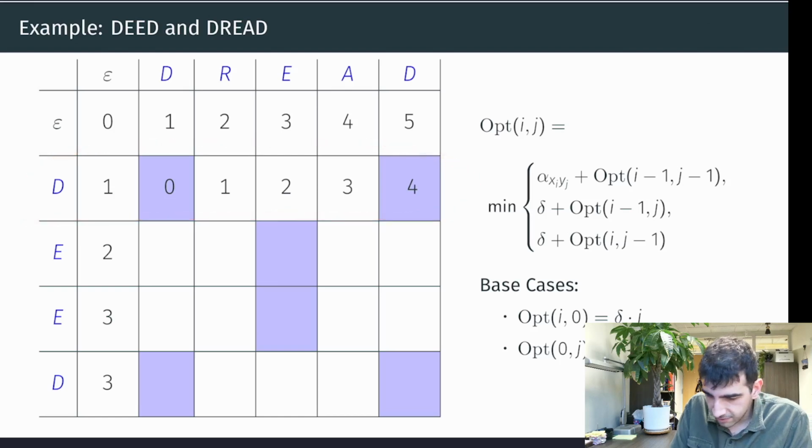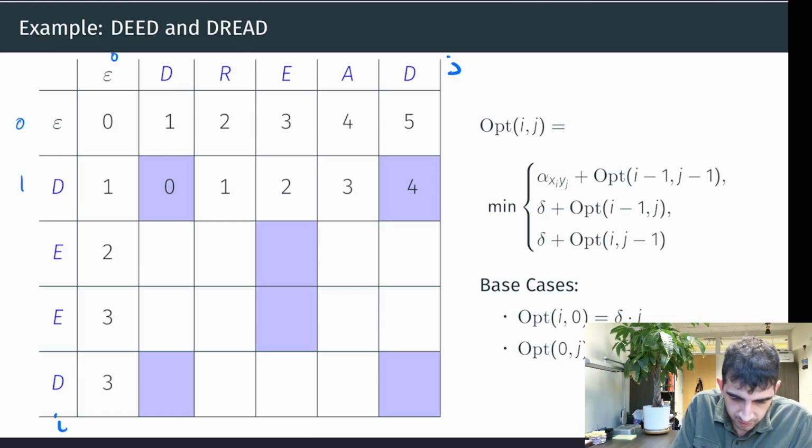So for instance, over here, we know that we have three options. A good way to do this is i, j. Okay, so 0, 1, 0, 1.